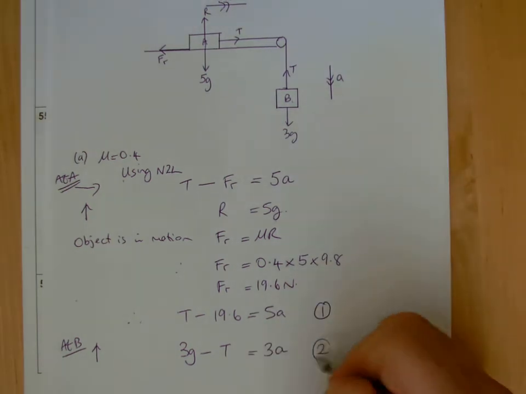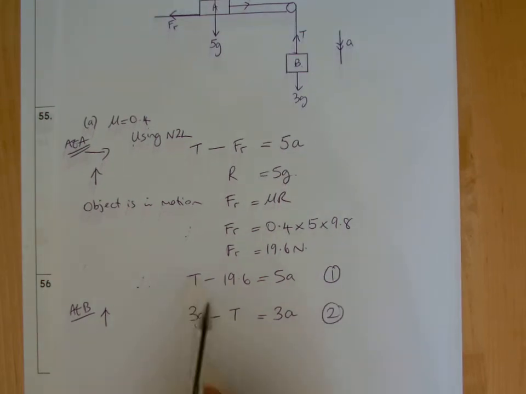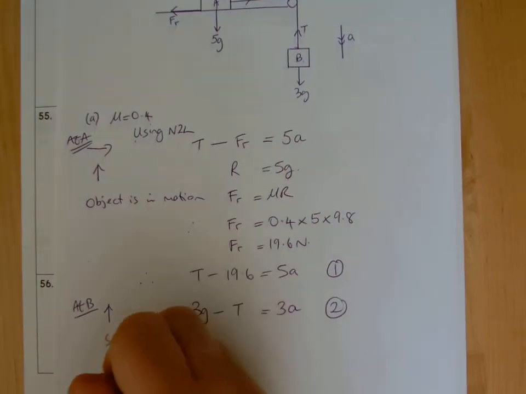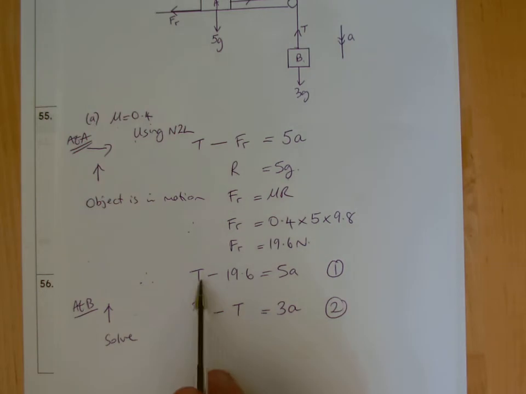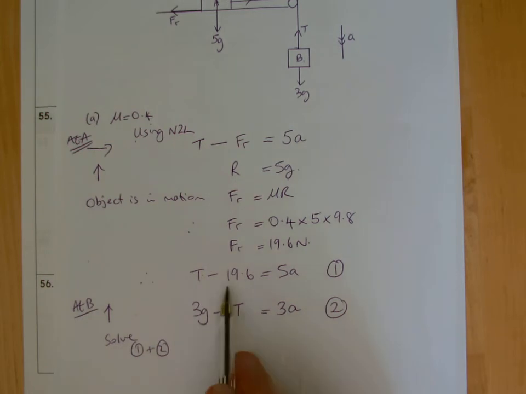So I've got two nice equations, and these are straightforward to work out, because all you need to do when you solve them is add them. If we add them, the T's will cancel. So if I do 1 plus 2, I'll have T here, add the minus T, they will go.